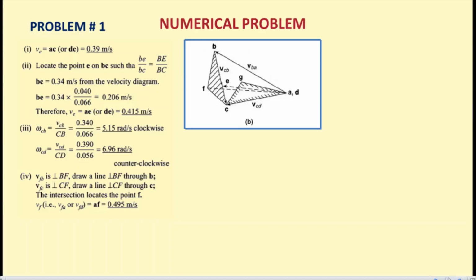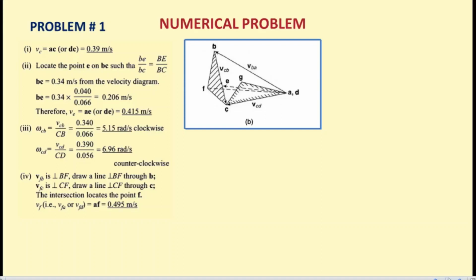Because BE is 40 millimeter or 0.04 meter, and BC is 66 millimeter or 0.066 meter, as given in the data. Therefore, we get the velocity VE equal to 0.415 meter per second.